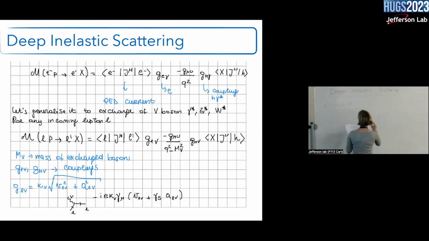Very good, but so the beautiful thing is that the amplitude factorizes, so you can write it like, so this is the scattering element of what happens at the bottom, okay? So remember you have this thing. So this is the J, the current of the interaction that happens, sorry.